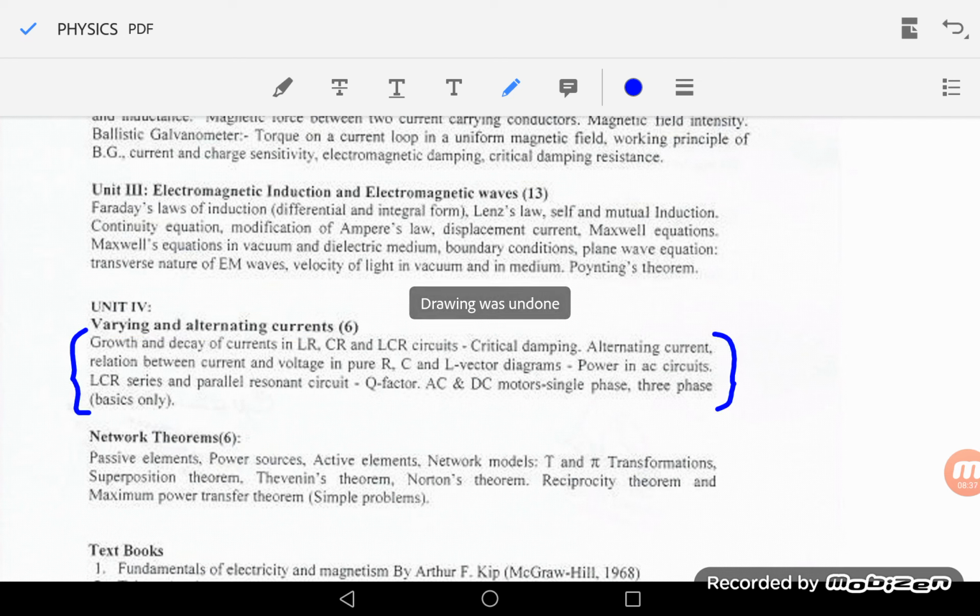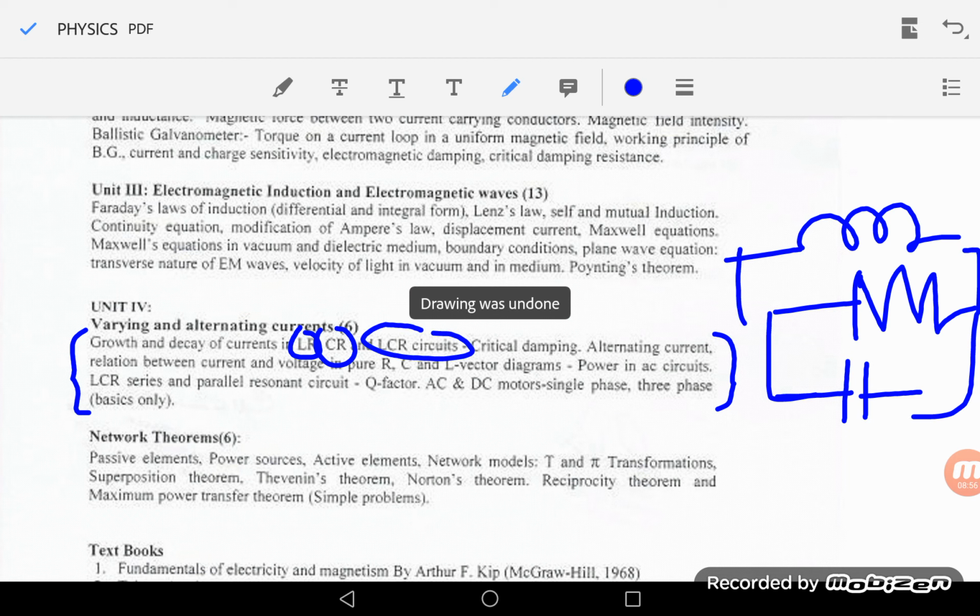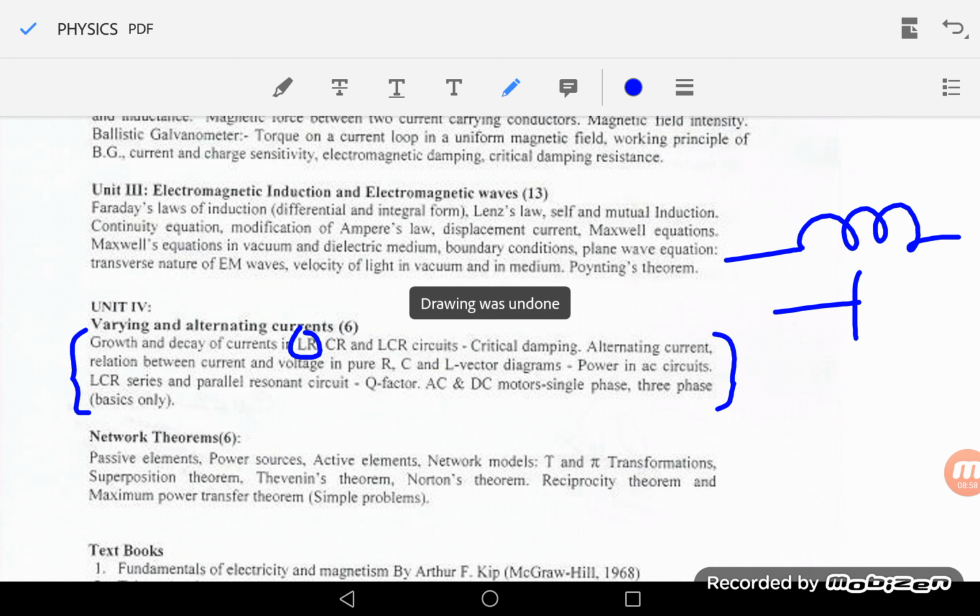Okay, how the inductor and the resistor make a circuit, and how the capacitor and the resistor make a circuit. Then about LCR, how combinedly we make circuits. So it is all about inductor, capacitor and resistor.